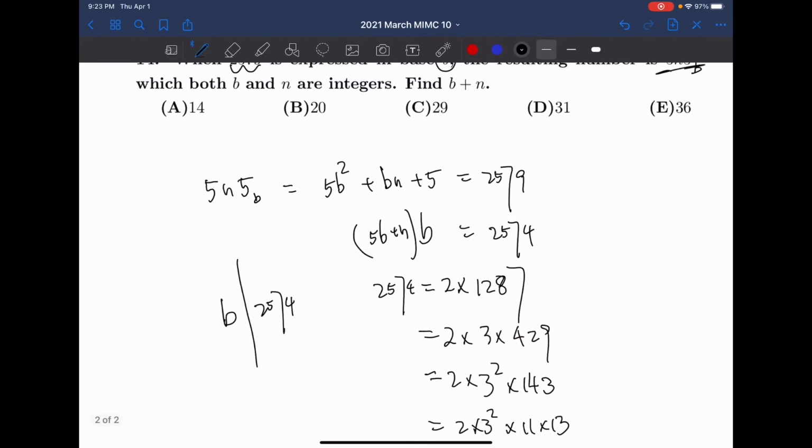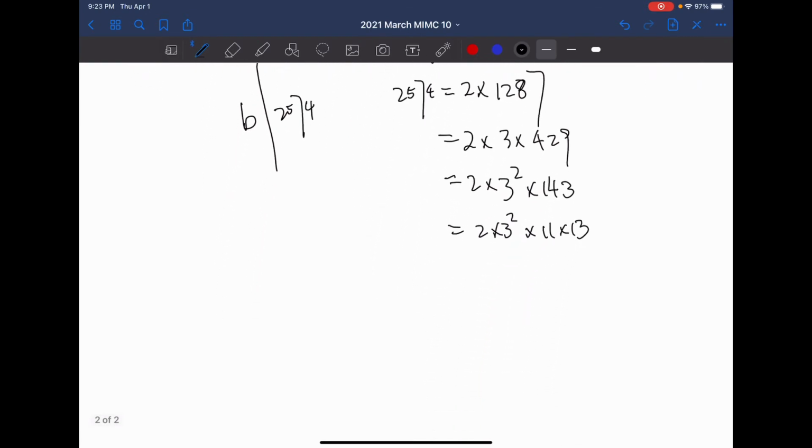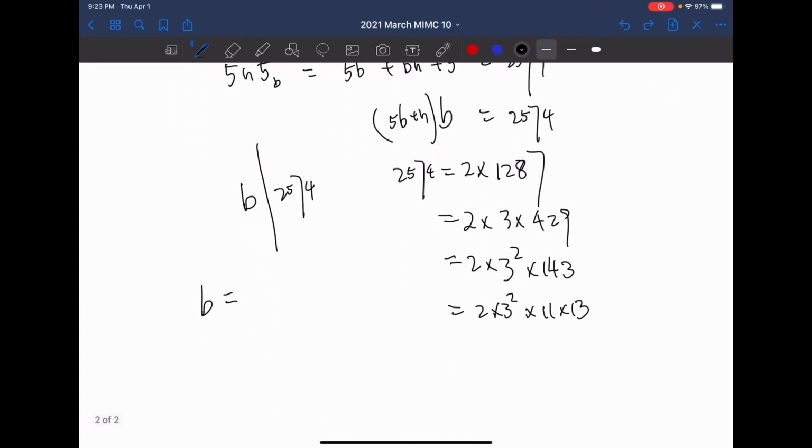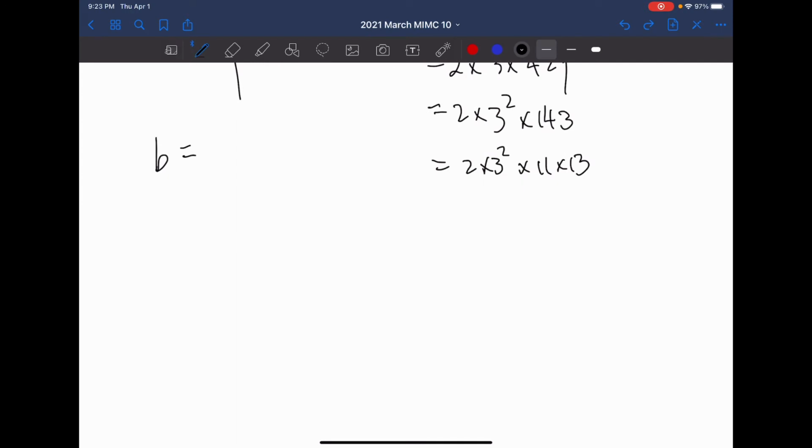Since 143 is equal to 11 times 13, we can make up some possible values for b. Some possible values for b would be 2, no, because this is a 3-digit number starting with 5, so b is definitely larger than 10. So let's make some up: like 11, maybe, 13, maybe, it may be 18, right, 2 times 3 squared. It may be 22, it may be 26. It may be other ones like 33 and 39.